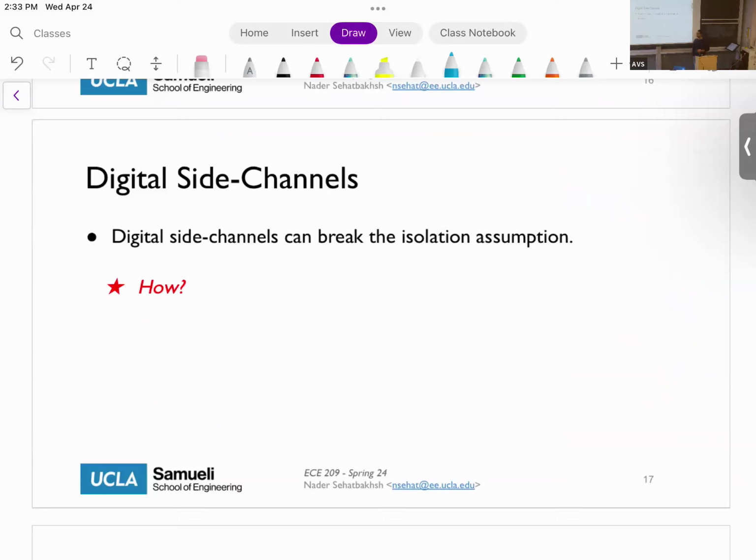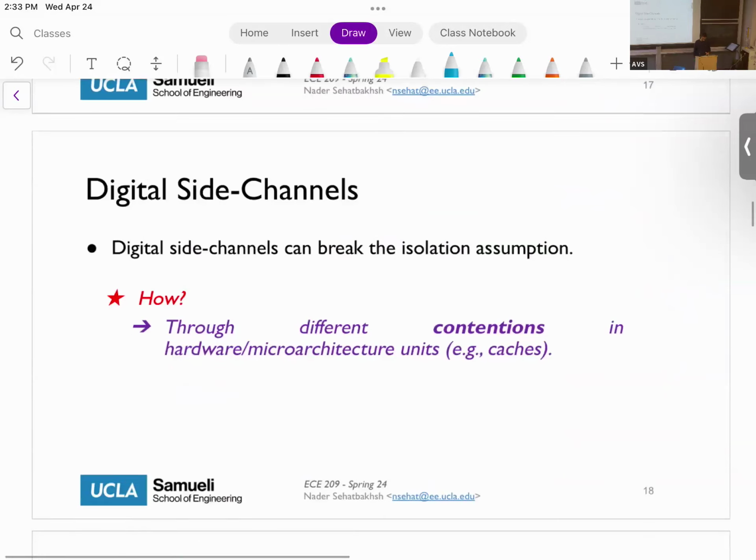So essentially this is the idea of what we call digital side channels, which break the isolation assumptions on the system, okay? So how do we do that? Essentially, digital side channels are all about contention, okay? So what it does is try to see the contention that it causes.